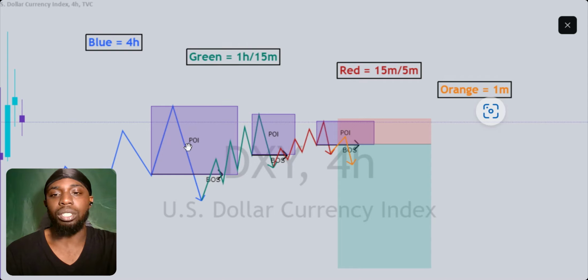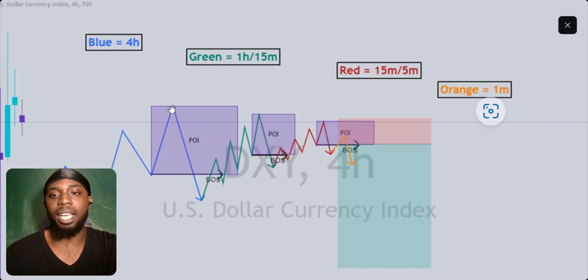So remember, every time frame moves exactly the same. So if you get a breaker structure on the 4 hour, you would be looking for price to now, at this low, create a higher low, lower high, higher low, higher high, higher low, higher high, and then break structure now again on the 1 hour. So if you already see that price on the 4 hour is in a bullish trend, now you wait for it.